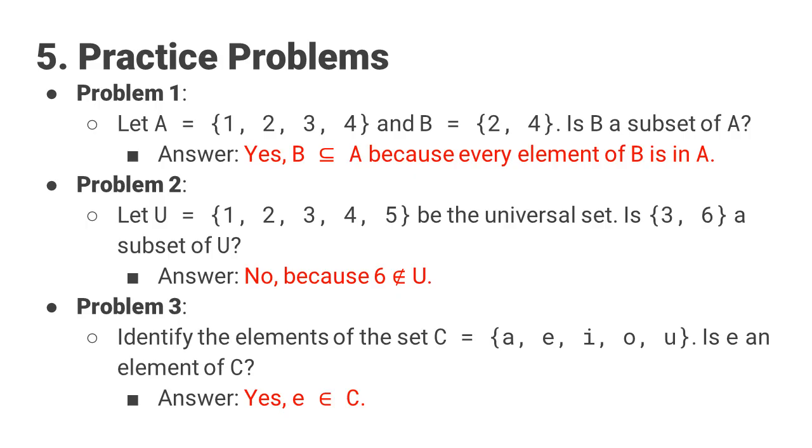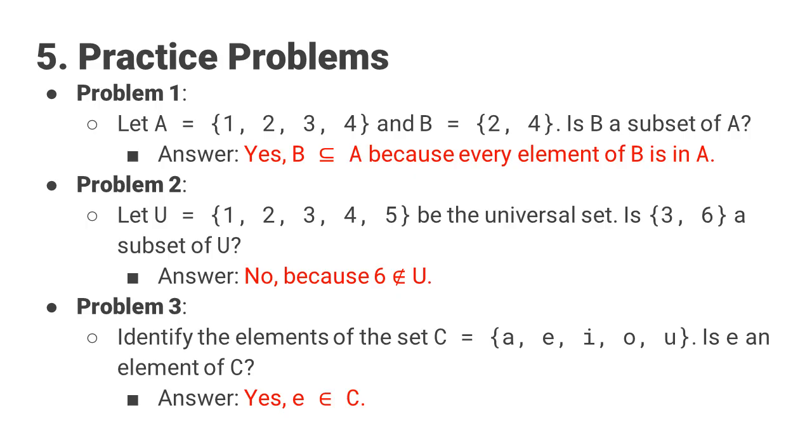Problem 3, identify the elements of the set. C equals the set of A, E, I, O, and U, the English vowels. Is E an element of C? Yes, E is an element of C. So here in this problem, we just check that we understand what an element is.